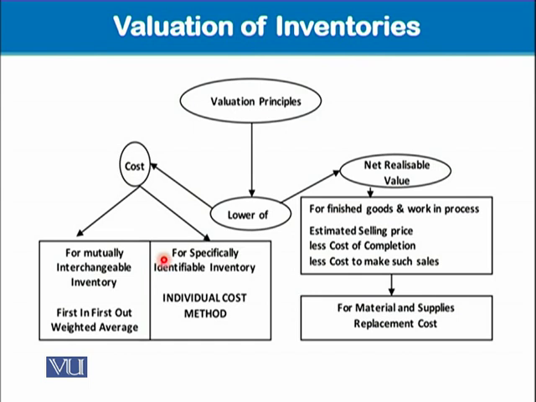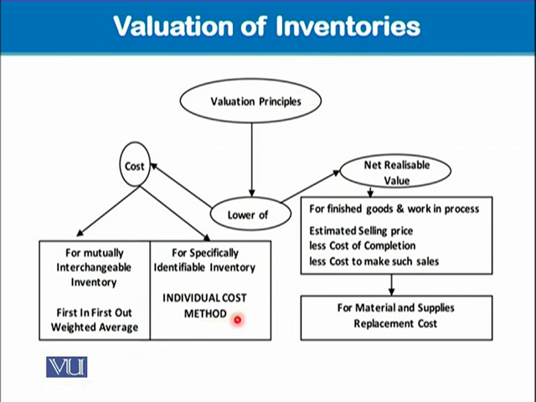When you are in the shop buying jewelry, the jewelry sets are not interchangeable. These are different from the others always in normal circumstances. So in that case, we cannot use the first in first out method or the weighted average method. For that, we will have an individual cost associated with each specifically identifiable inventory.